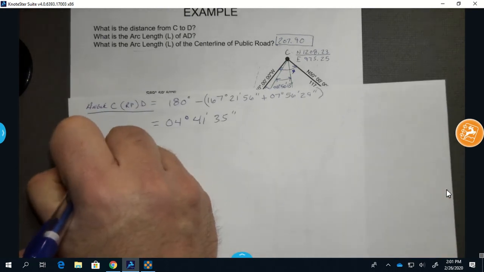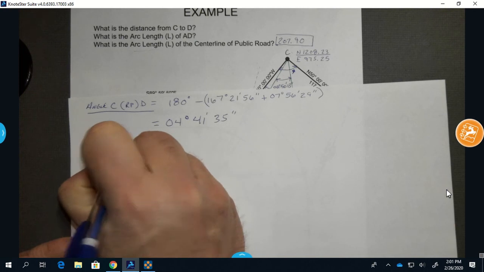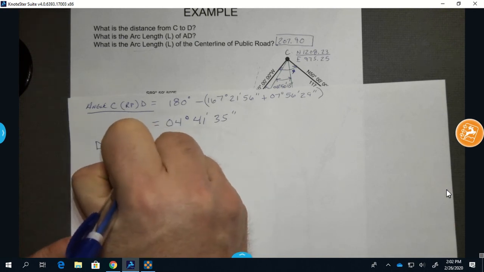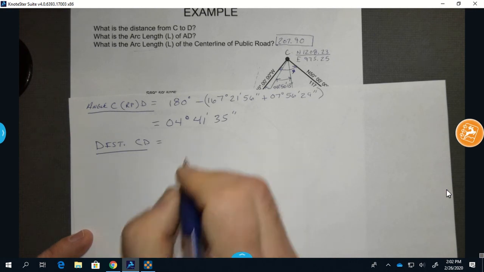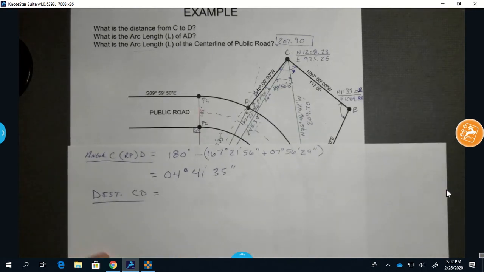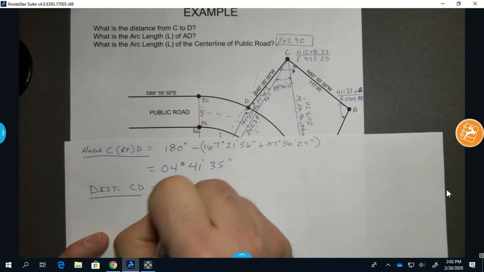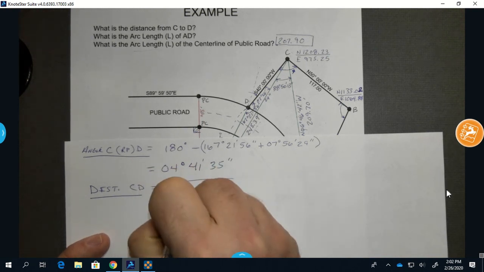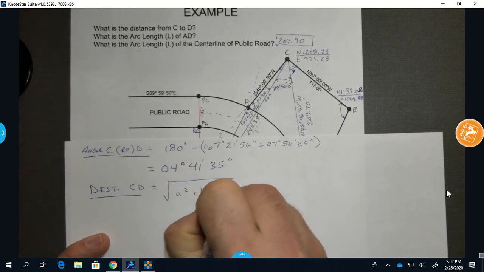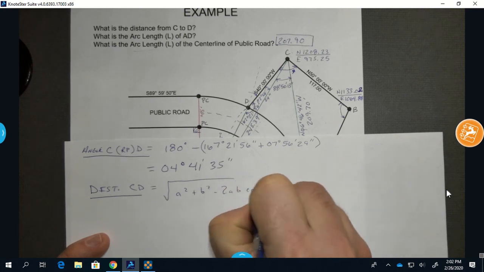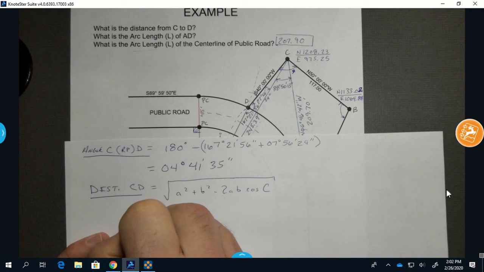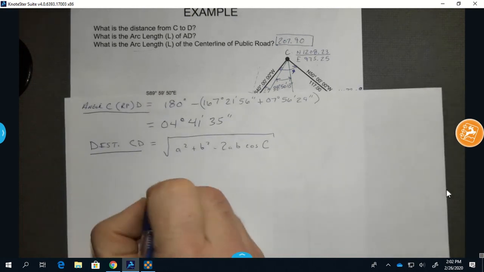So let's do distance C to D, CD. Okay? We can use the law of cosines for that. So we're going to go a squared plus b squared minus 2ab cosine of C. All right, so let's lay that one out.